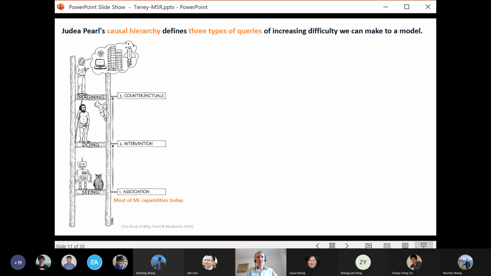This level is basically where we are kind of stuck with most of machine learning today. And the other levels, the interventions and counterfactuals, are the ones that are relevant for causal reasoning. And so I will show you that these 3 levels can be matched with different evaluation settings that people have come up with for VQA.